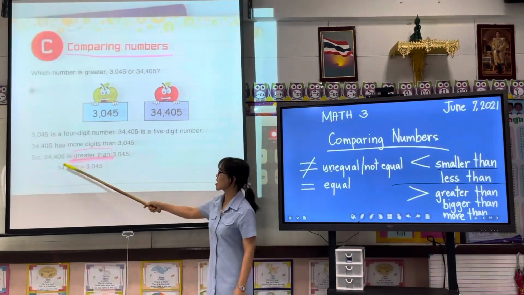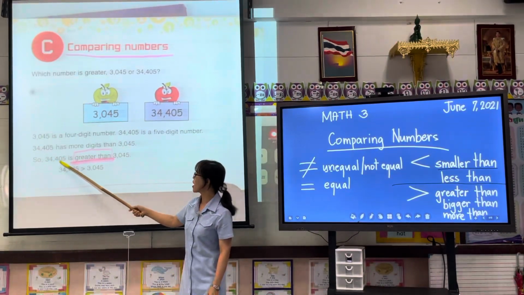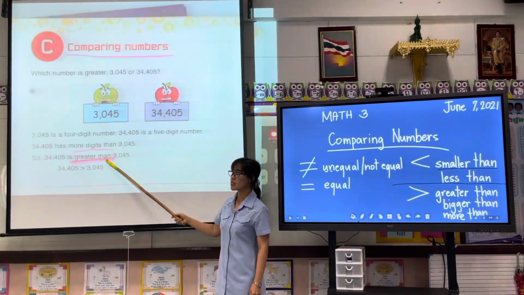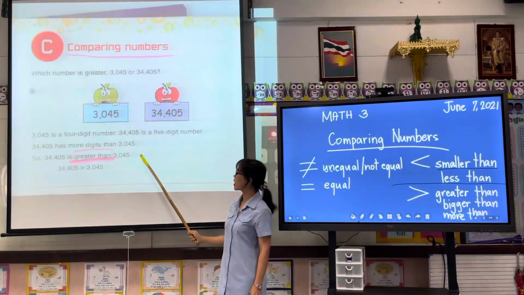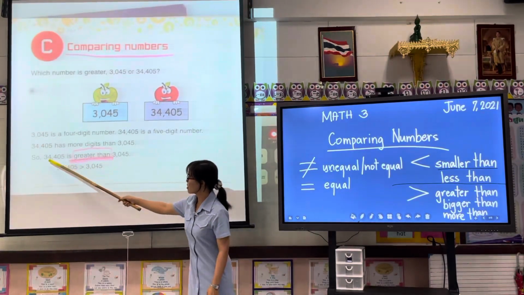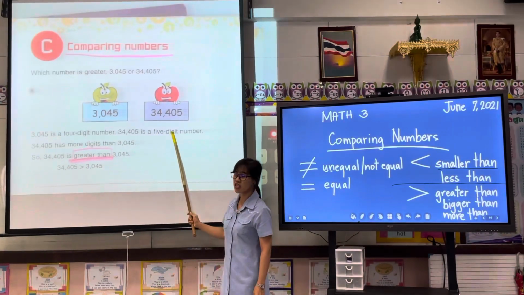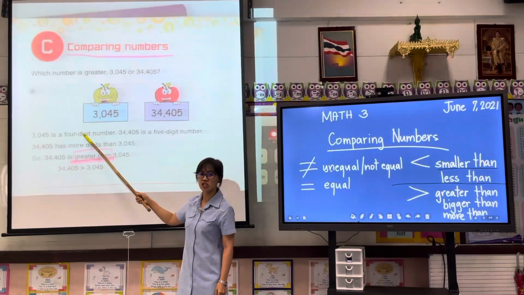So meaning to say, therefore, 34,405 is greater than 3,045. Why? Again, 34,405 is a 5-digit number, while the other number has only 4 digits.